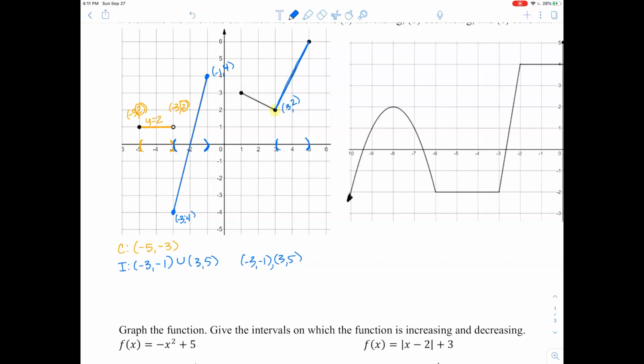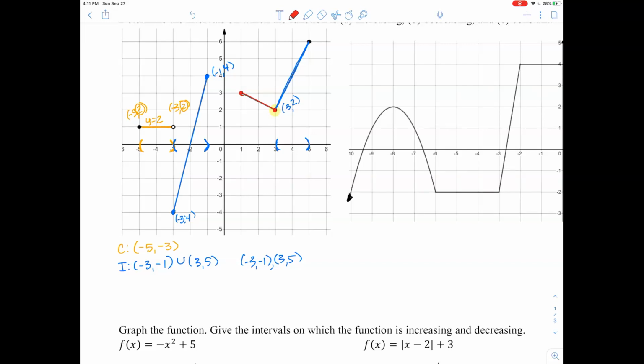Or does that belong to this red piece? Because let me tell you, it can't belong to both of them, because then it's not a function. Because this is a different graph, or a type of graph, than that. This has got a negative slope. This has got a positive slope. They're different. And so a single point, or a turning point, or a stopping point isn't considered increasing, decreasing, or constant. It's just a point.